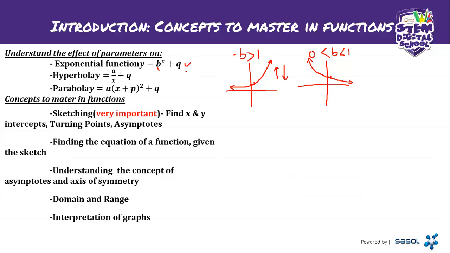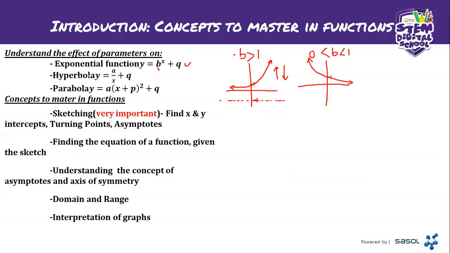For instance, if Q was -1, then you will see there's -1 there. You will see a broken line like this one that represents what? Asymptote. So if Q is -1, then you have to plot that asymptote on the graph by showing it with broken lines. So that is the effect of that Q.